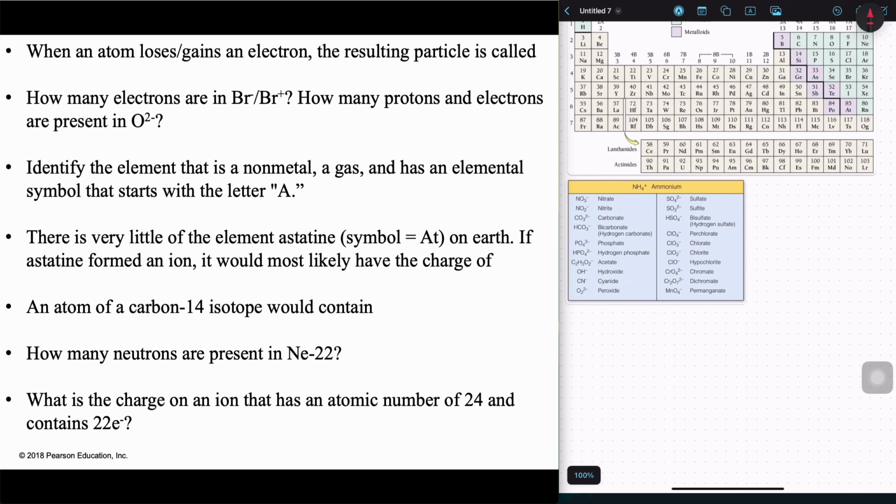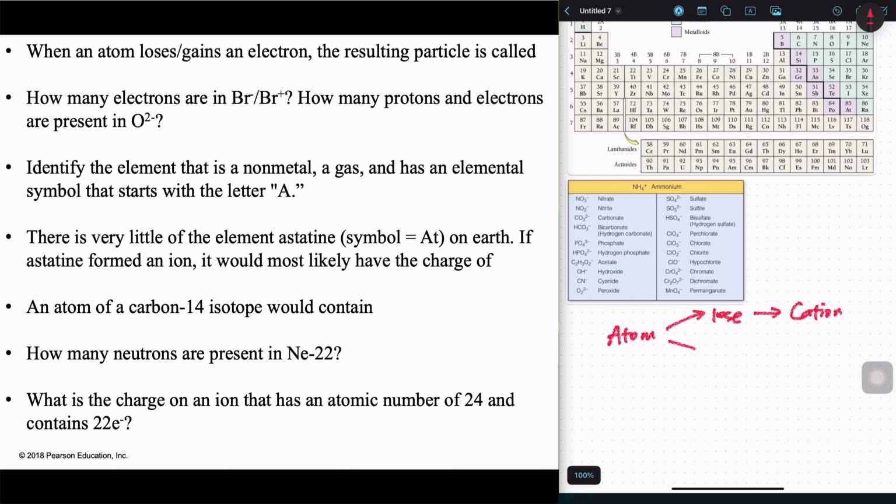For the first question, the question is asking when an atom loses or gains an electron, the resulting particle is called. This is something we discussed yesterday, if you still remember. When an atom itself is neutral, when the atom loses an electron, it will become what we call a cation.